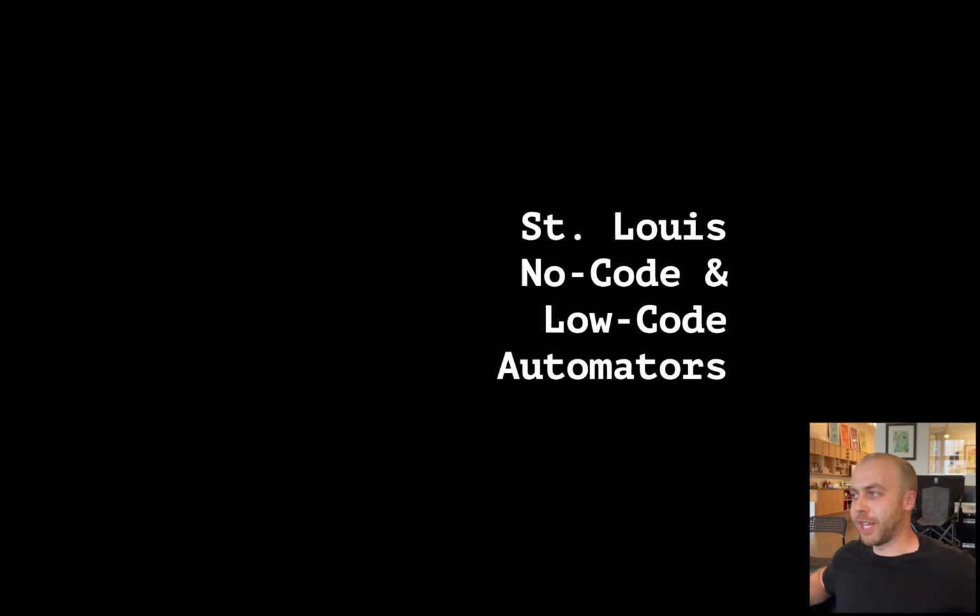And then canvases is a way to pull all of this stuff together, and it's a high-level view showing full systems and connections between Zaps, tables, forms, and so on.